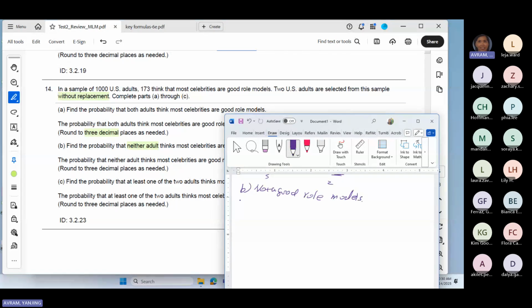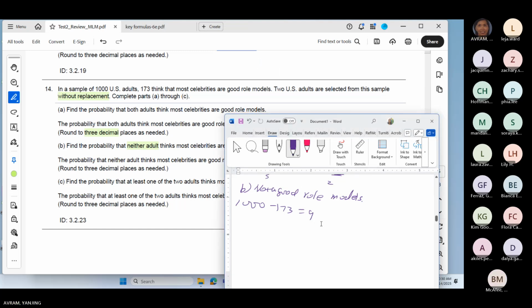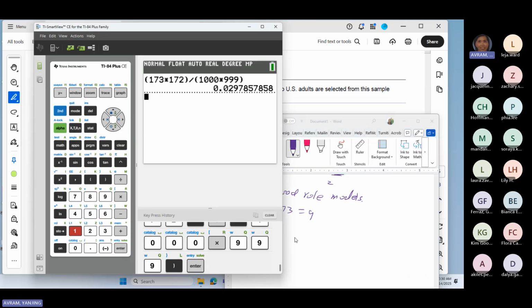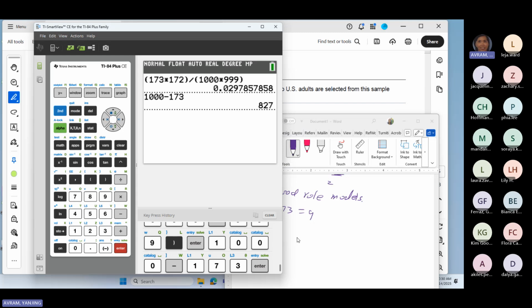For this one, you're going to use 1000 minus 173. So 1000 minus 173 is 827.